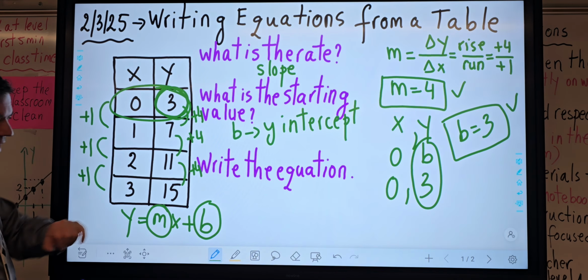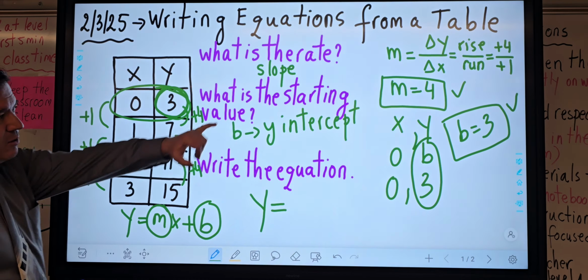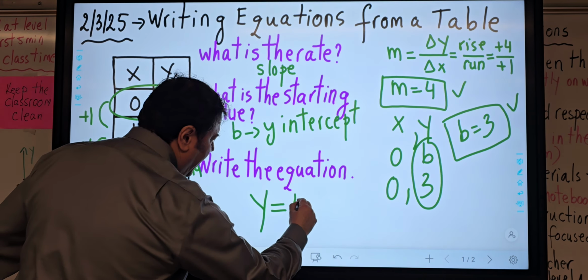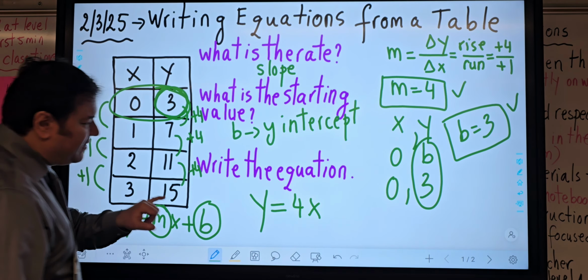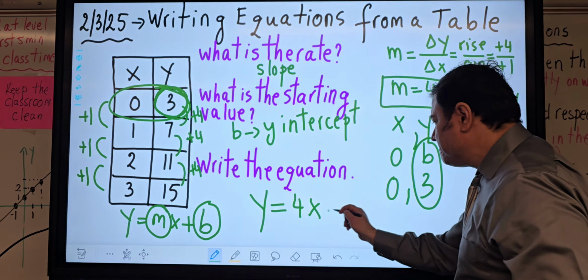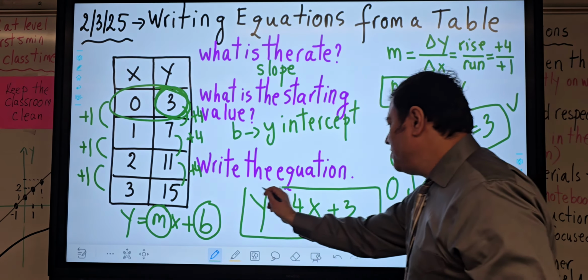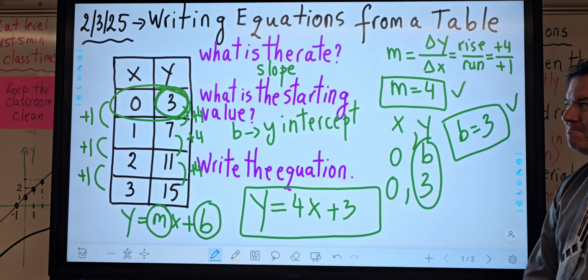Keep the y and keep the x. So we have y equals, instead of m, we have 4, so it's going to be 4x. And instead of b, we are going to plug in 3, plus 3. Final answer, y equals 4x plus 3.